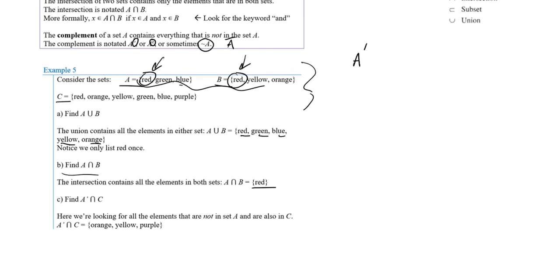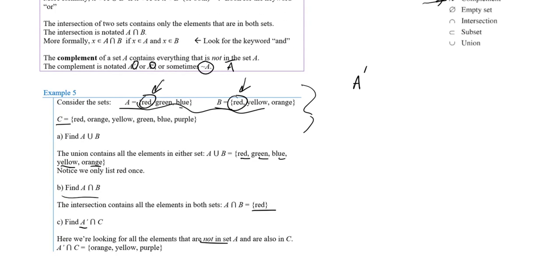But for this one, it says find the complement of A intersecting with C. Okay, so this just requires that we do one thing at a time. Let's figure out what is the complement of A. We're looking for all the elements that are not in set A and also in set C. So not in set A, if I'm looking at A, it means I can't have red, green, and blue.